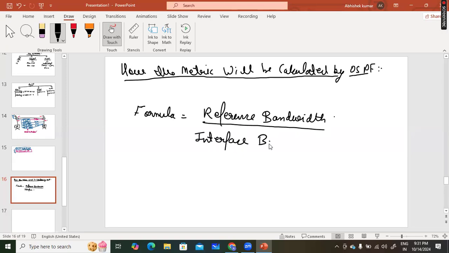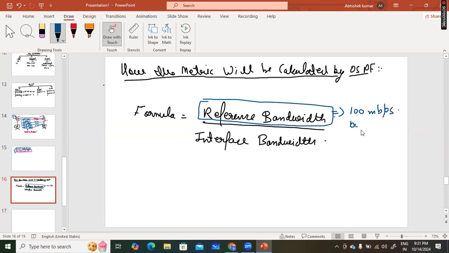Reference bandwidth upon interface bandwidth. And make sure reference bandwidth is always 100 Mbps by default.